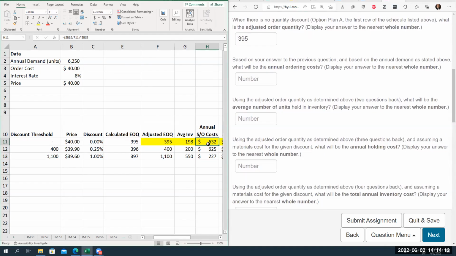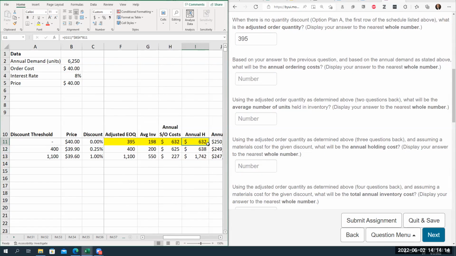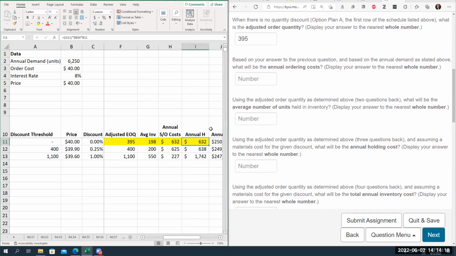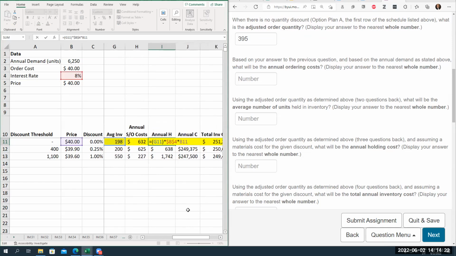Average number of units. Here's my annual holding costs. I take my average inventory, multiply it by the interest rate times the cost that we have down here. That gives me my holding cost. The holding cost is also part of this, interest rate times cost, right?